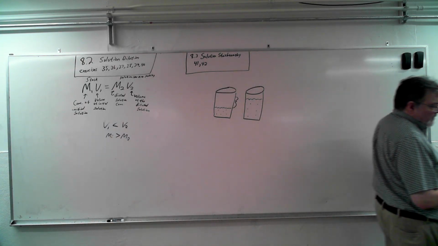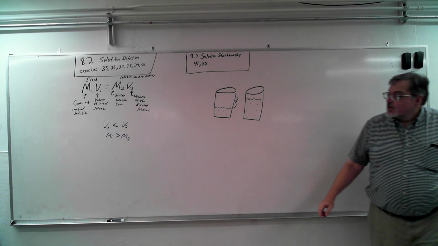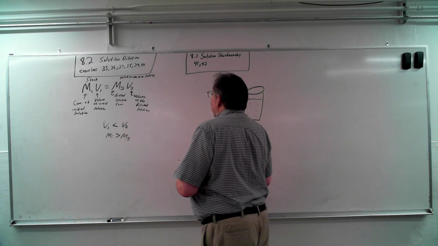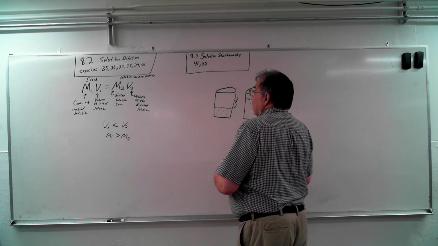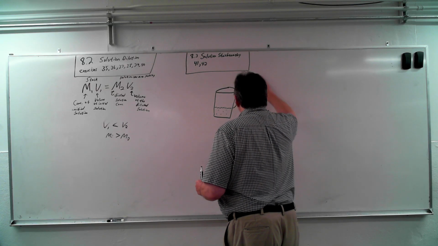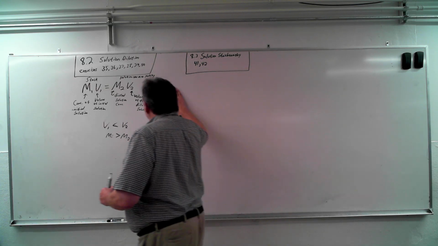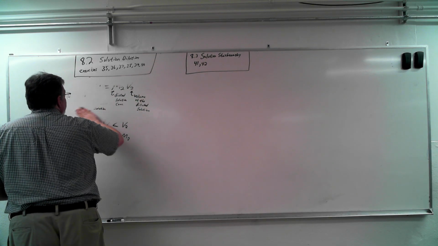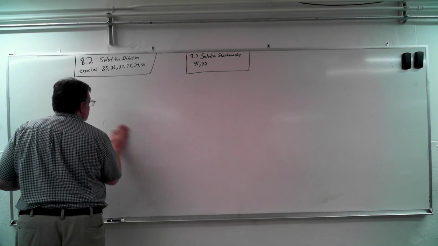So just some examples of this. I'm going to do some of these from the back of the book. I'll do the even ones. M1V1 equals M2V2.